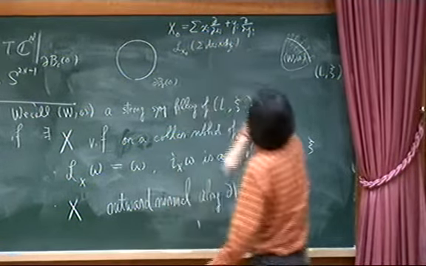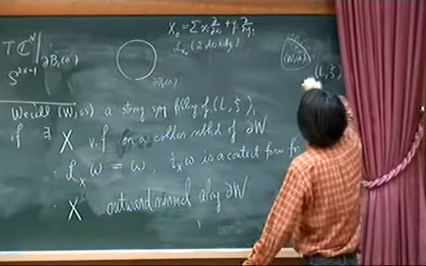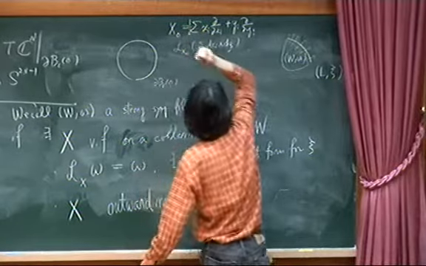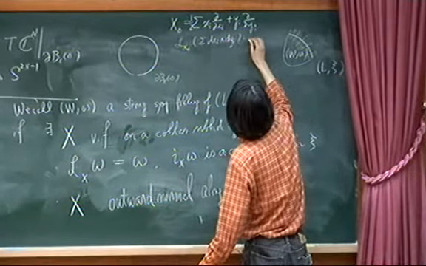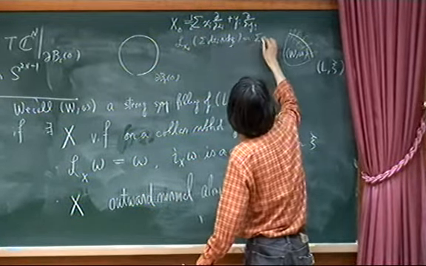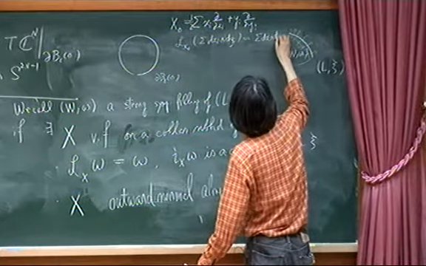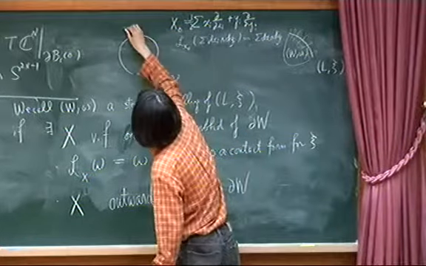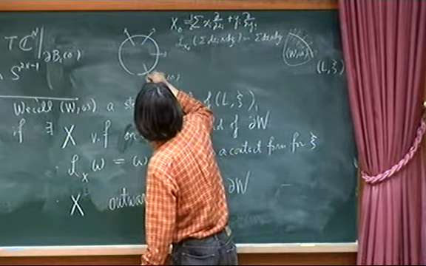Maybe I need 1/2 or something, but I need 1/2 like this, equal to just this guy, and it points outward along the boundary.